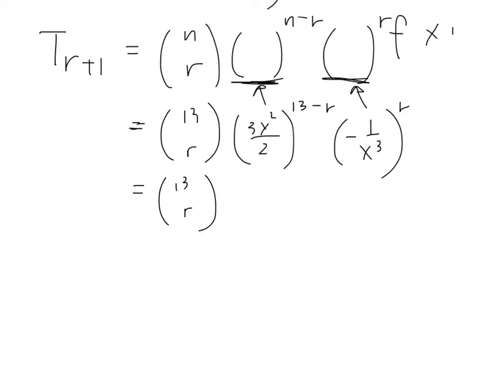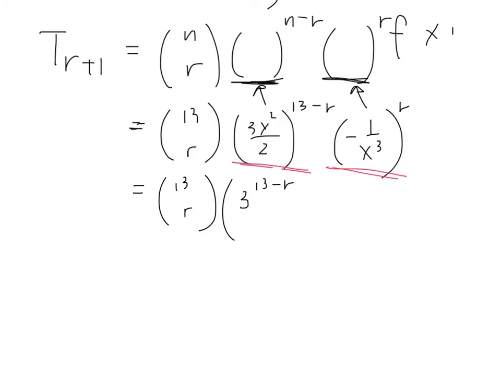What we have right now, we can't compute 13 choose r because r is not yet a number, so just copy it. Now you have to use the properties of exponents to simplify this expression. Let's start with (3x squared) raised to 13 minus r. If we simplify that, you have 3 raised to 13 minus r.